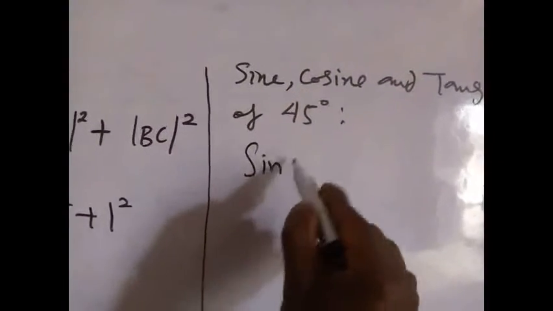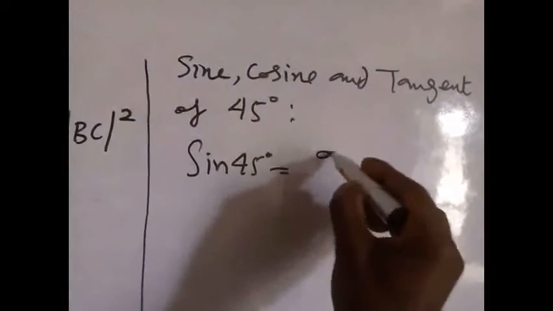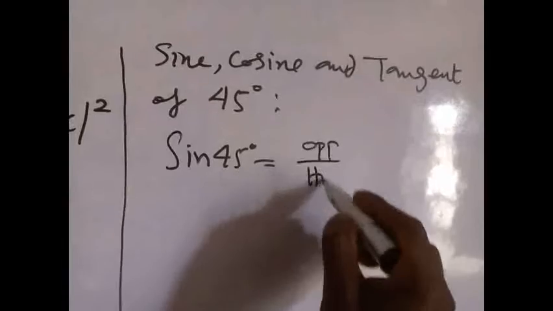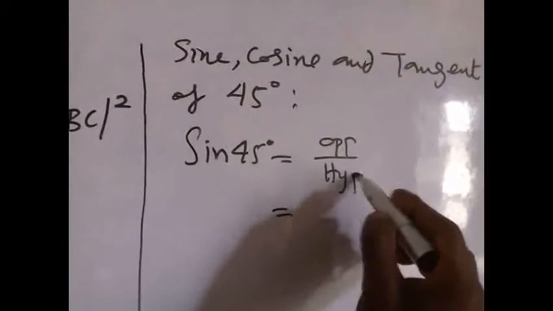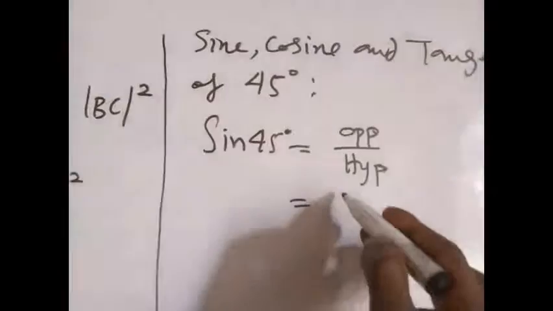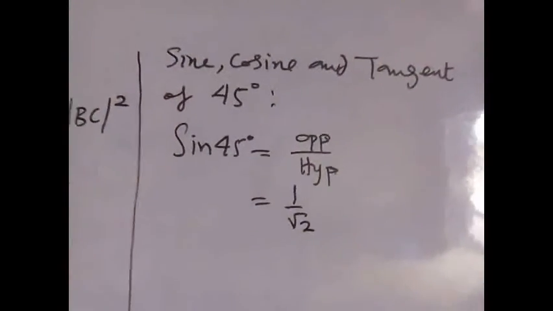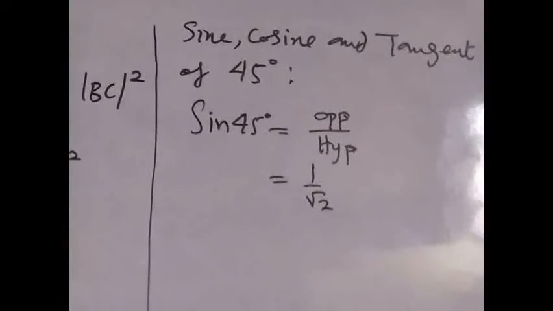Sine 45 degree, which is opposite over hypotenuse. If you look at our angle, this is opposite over hypotenuse. So we have it to be 1 over root 2. So sine 45 degree is 1 over root 2.